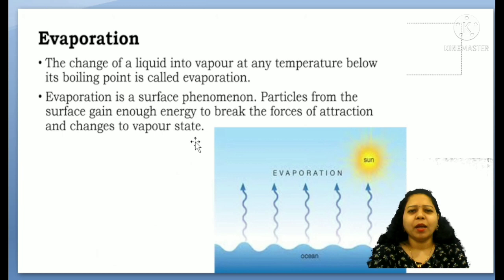Why is this happening? Because the surface area of plate is more and the surface area of glass is less. That's why we are saying evaporation is a surface phenomenon. Means if the surface is more, evaporation is more. If surface is less, evaporation is less. That's why evaporation totally depends on its surface area, and that's why we are saying evaporation is a surface phenomenon.